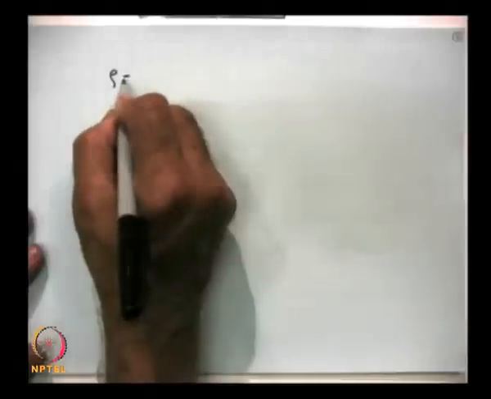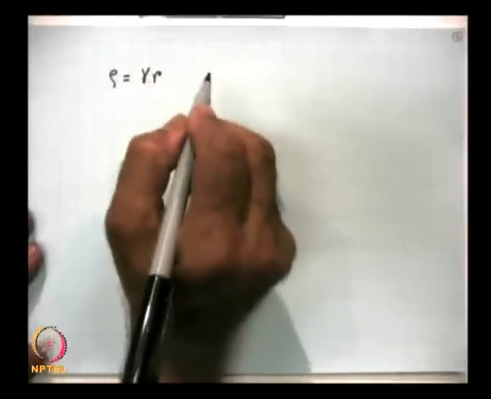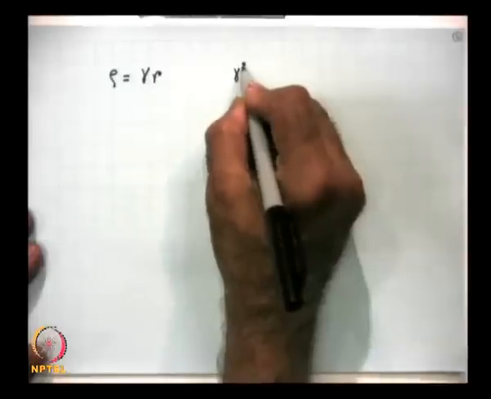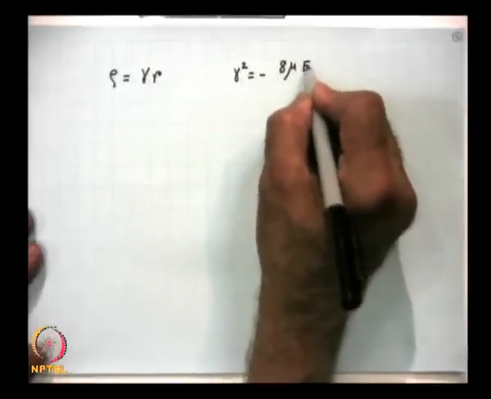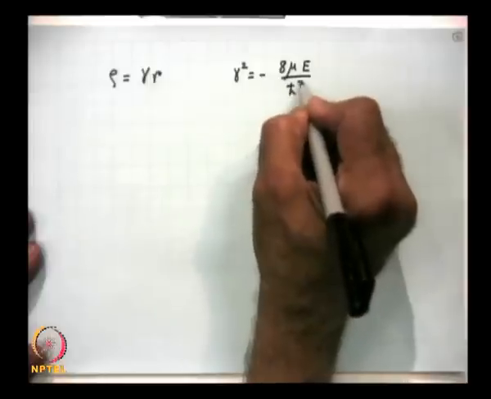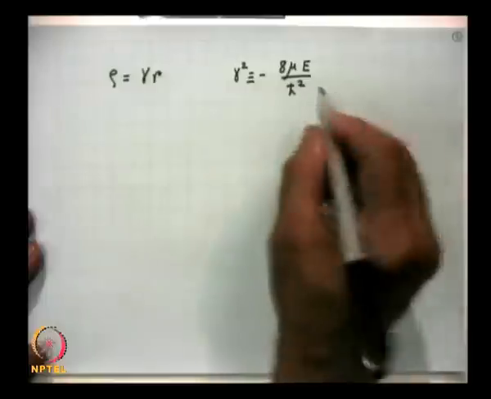One thing that I missed out in my previous lecture was to give the detailed expression for the wave function. As we know, the dimensionless parameter rho was defined as gamma r, and gamma square was equal to minus 8 mu E by h cross square. This was the definition of gamma square.